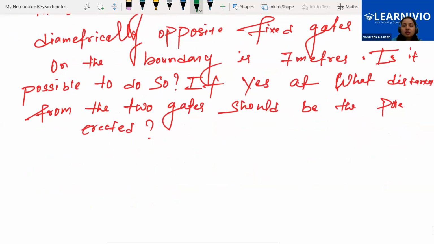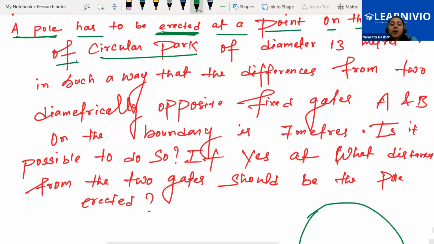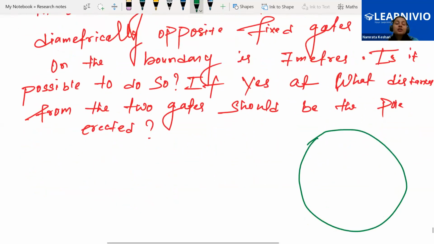So there is a circular path. We got to know that there is a circular path, and if you recall the concept of circle, there are 3 regions. The interior part of the circle, the exterior part of the circle outside, and this, where I'm just moving the cursor, is called the boundary of the circle, that's called on the circle.